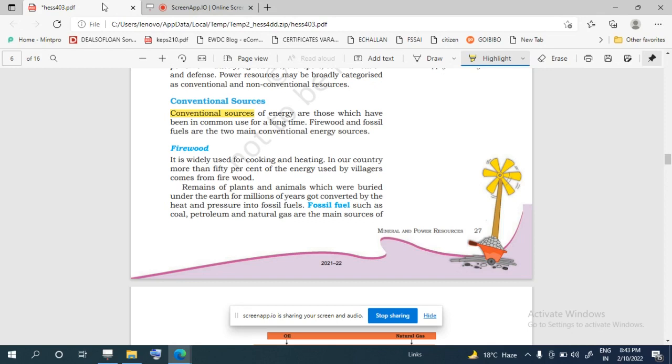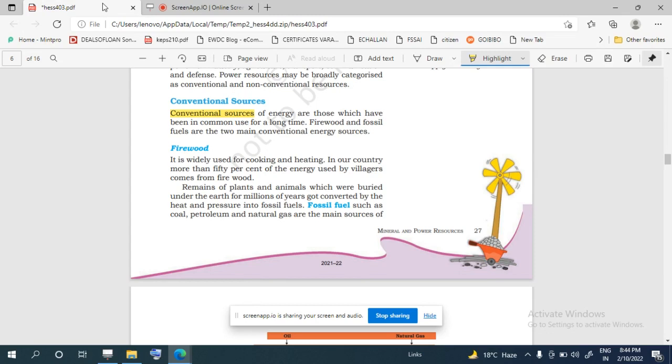Conventional sources are those which have been in common use for a long time, so most of the people are using them, and that is why they are known as conventional sources of energy. Like firewood and fossil fuel, these are the two main conventional energy sources.